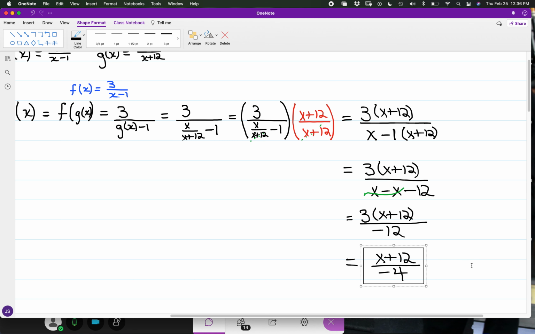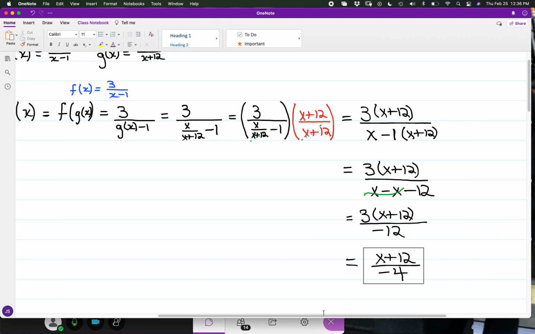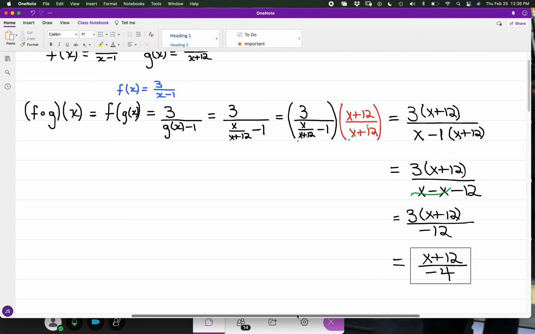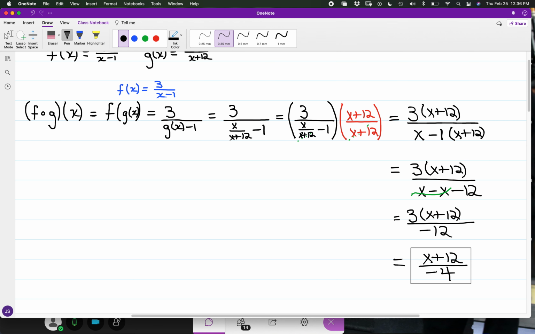Now, where the domain is concerned, for f composed with g of x, again, very tricky problem. Again, we have g of x, that was x over x plus 12, and filling in, and doing a lot of cancellation and combining of terms and simplifying, we came down to this result.